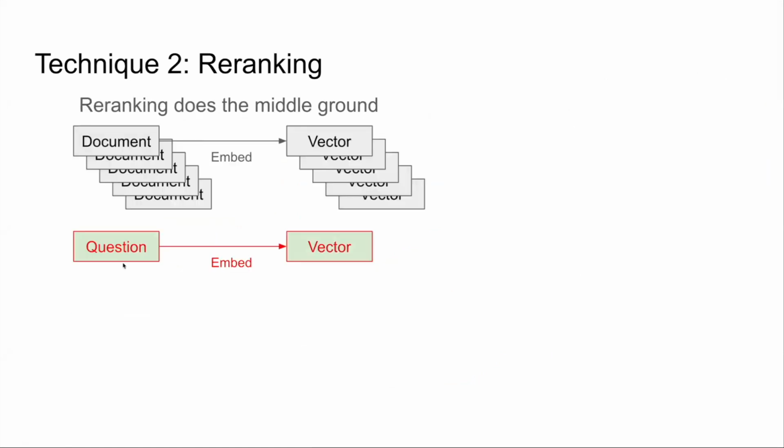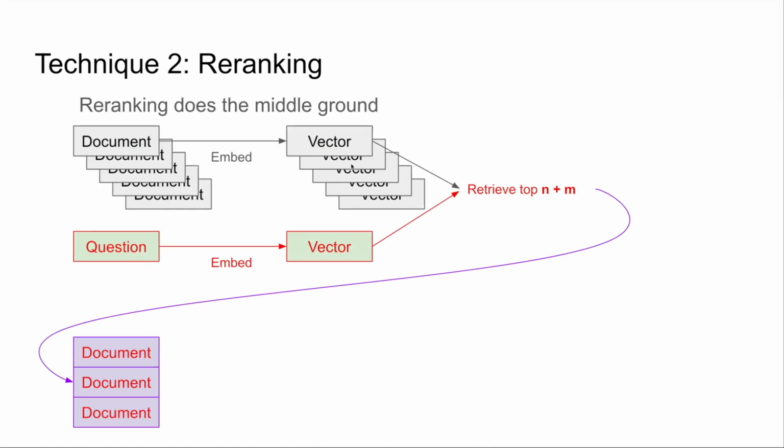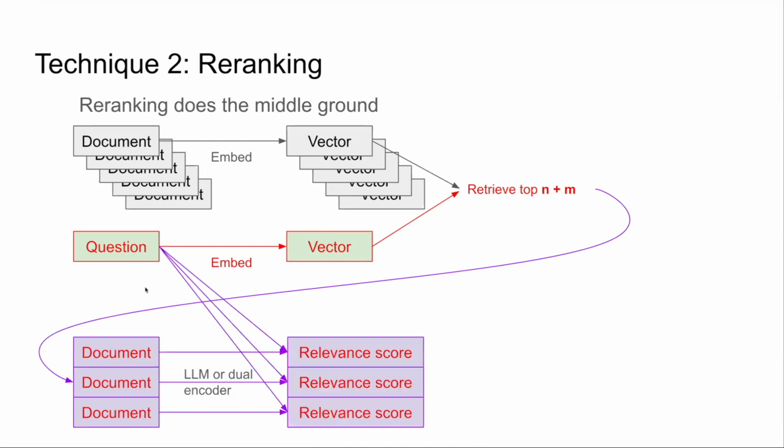The first step is you still retrieve some of the passages, but you retrieve a little bit more, n plus m. Then you do a second round where you employ either an LLM or a dual encoder to actually match the textual information in the question and the textual information in each of the retrieved documents to compute the best relevance score. And then you return the top n.